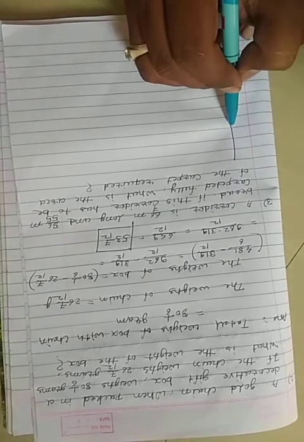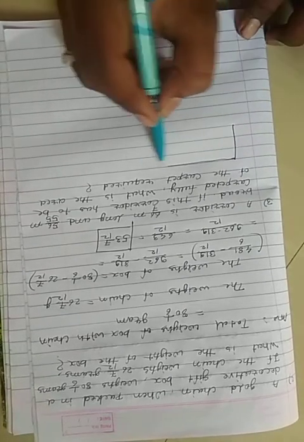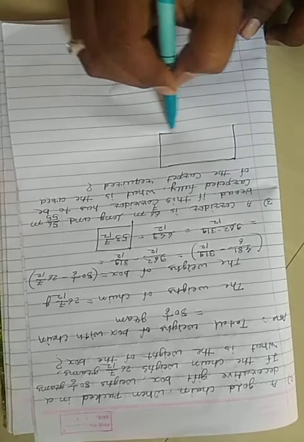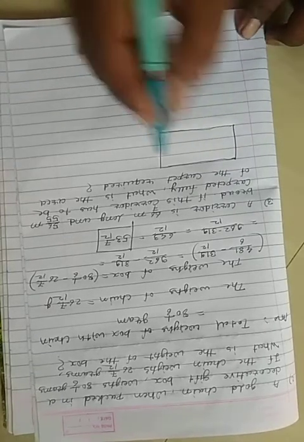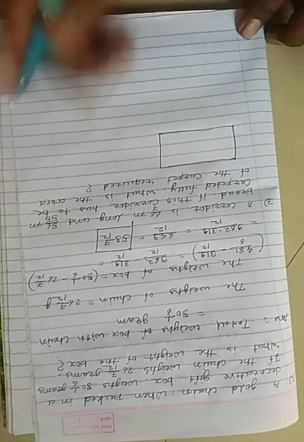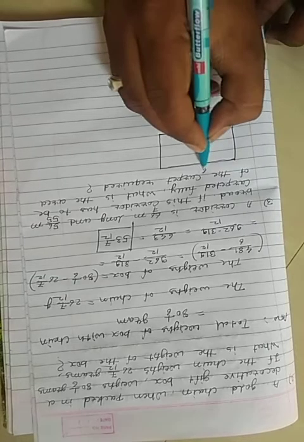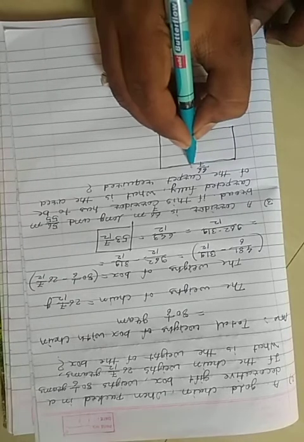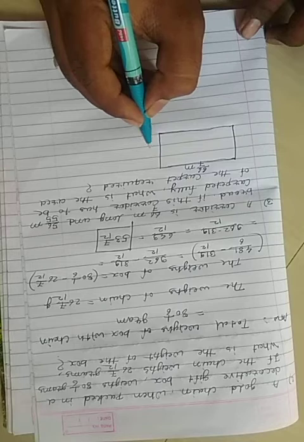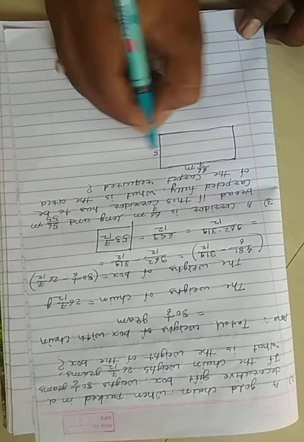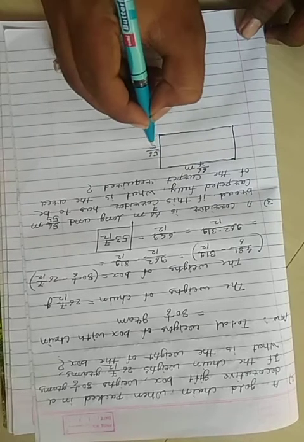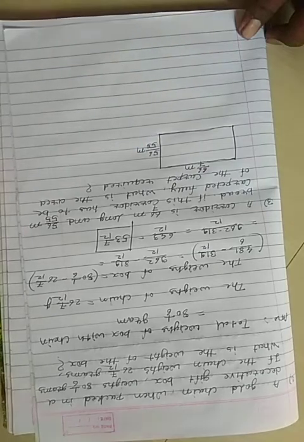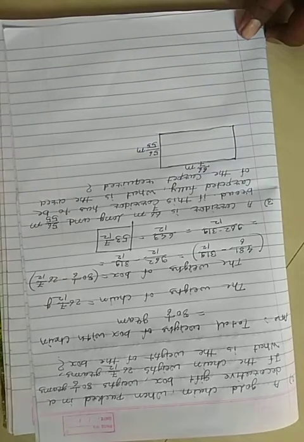Suppose it is a corridor and this corridor needs to be carpeted. Needs to be carpeted means here we have to place the carpet. So the length is given 66 by 7 meter and the breadth of this corridor is 56 by 55 meter.